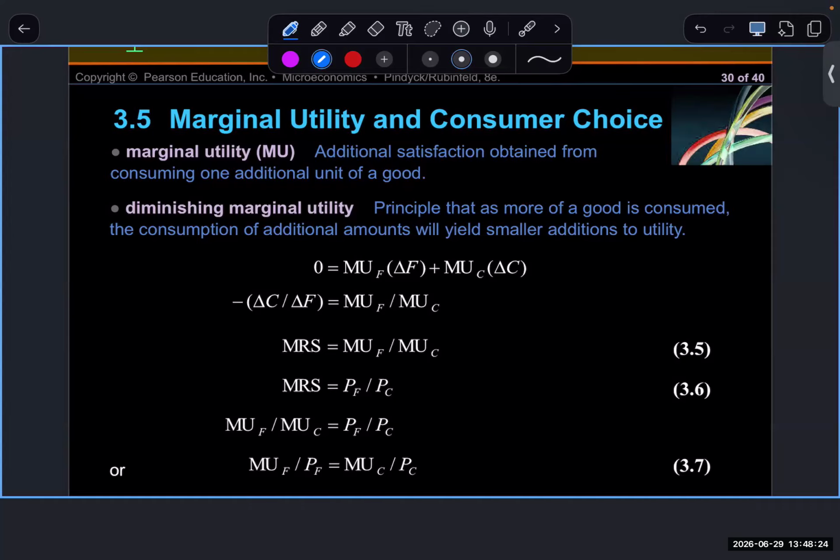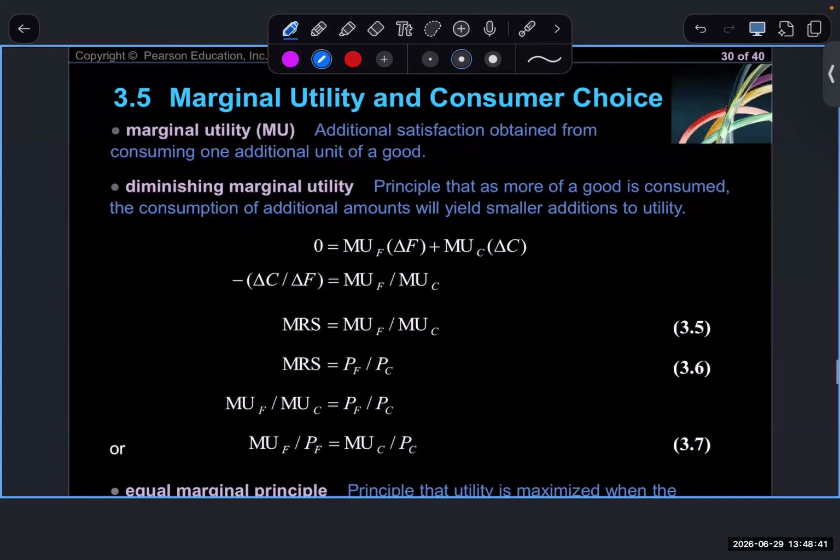This is diminishing marginal utility, which means as more of a good is consumed, the consumption of additional amounts will yield smaller additional utility, okay? This is called diminishing marginal utility.